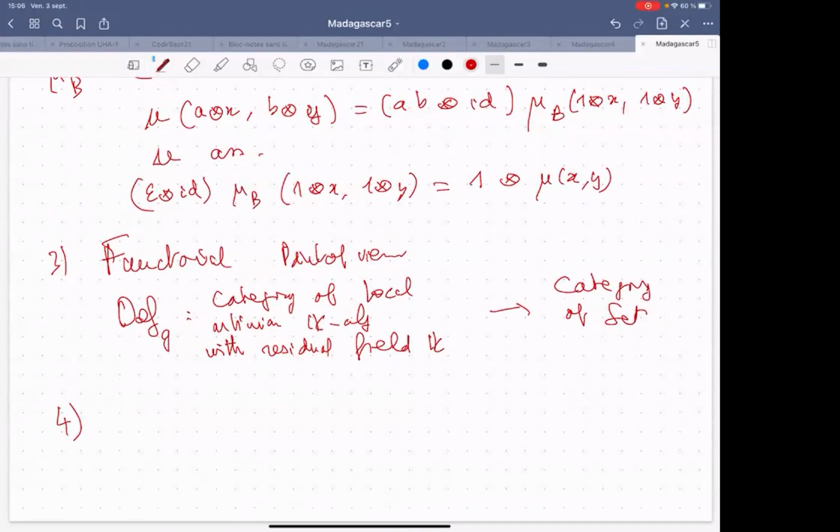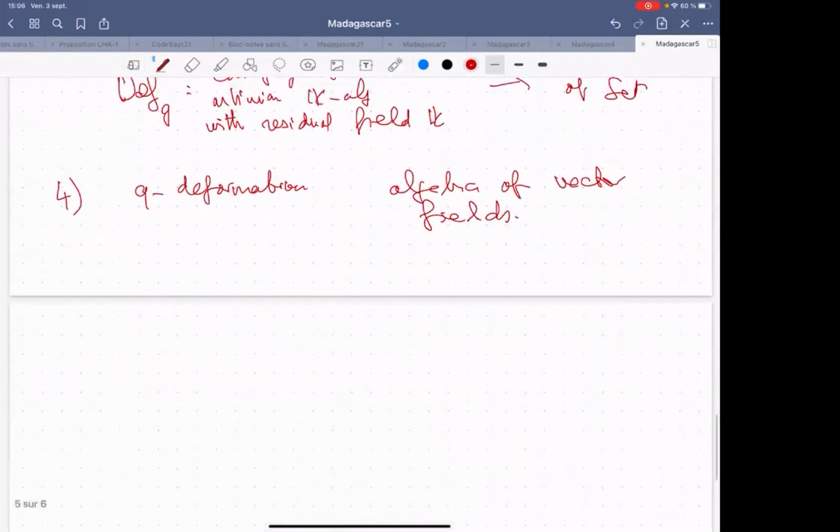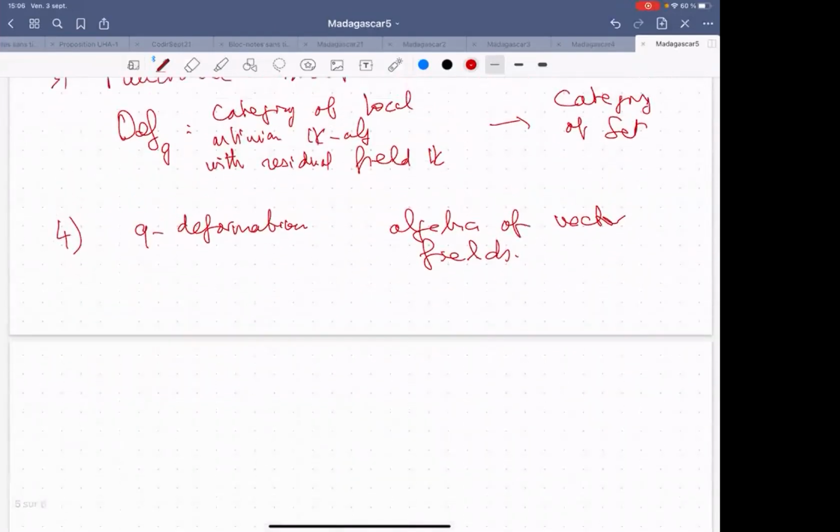I mean, there are also so-called q-deformations. These q-deformations work with algebras of vector fields, for example SL2 or the Witt algebra or the Virasoro algebra.